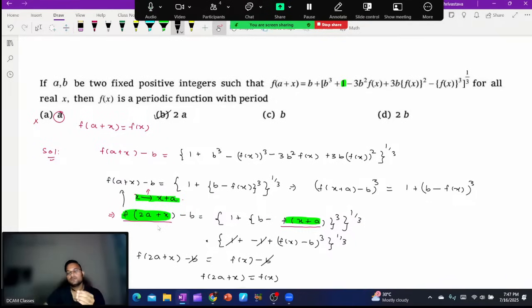Then I will try to see whether I am able to simplify f of 2a plus x in some form or not. Because I had b minus f of x plus a whole cube here, from the earlier equation, equation number 1, I can find f of x plus a minus b whole cube is equal to this.